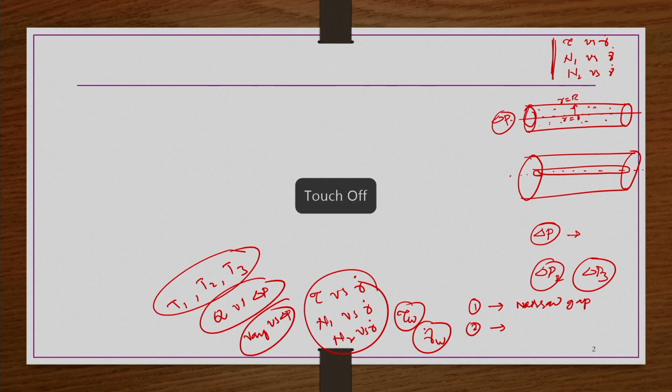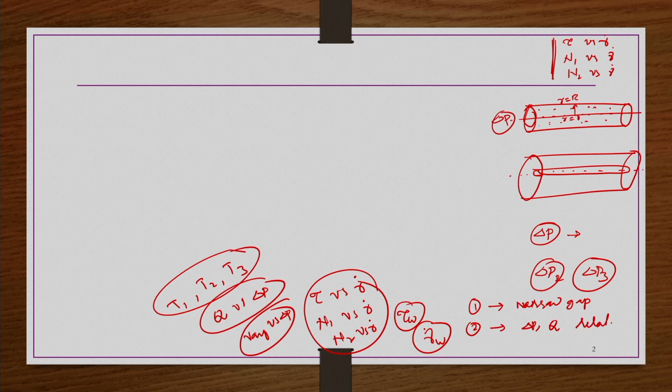Then you have to have a relation where you can make a connection between shear rate, shear stress and measurable quantities like pressure drop and volumetric flow rate, etc. So, relating delta P, Q to gamma dot, tau, N1, N2 etc. That is the second point. These are the two important things one has to keep in mind before going into details of any type of rheometers or viscometers used for measuring the rheology of fluids.